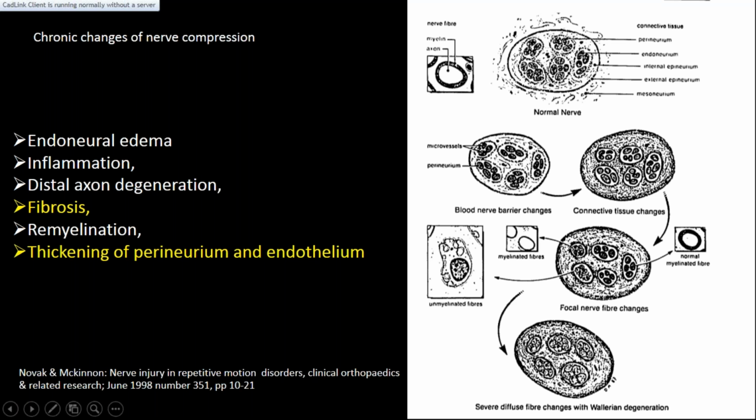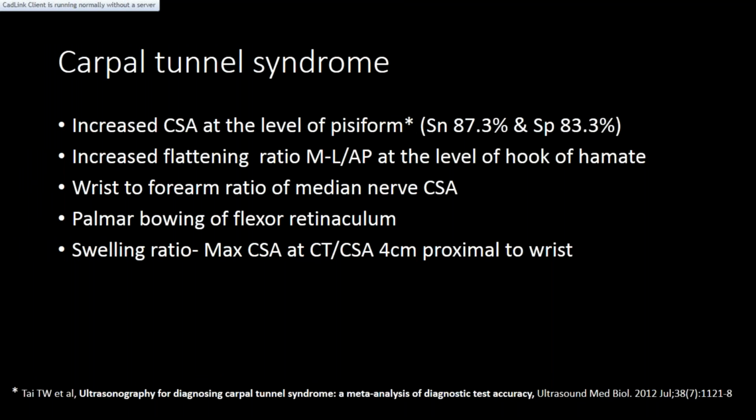These chronic changes involve fibrosis, so there are connective tissue changes, and there is thickening of the perineurium and endothelial layer of the vessels inside the nerve. So other than hypoechogenicity of the nerve and swelling proximal and distal to the site of compression, the connective tissue of the nerve is thickened, and there will be fibrosis in chronic entrapment.